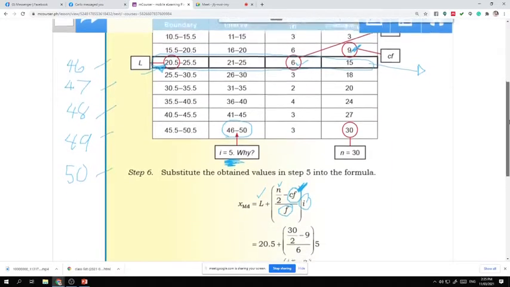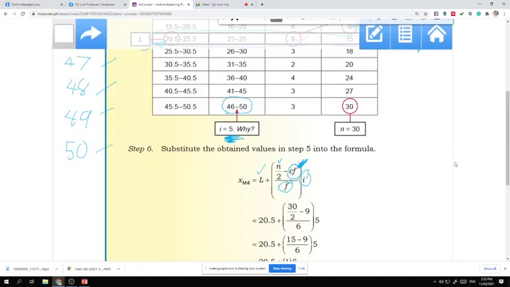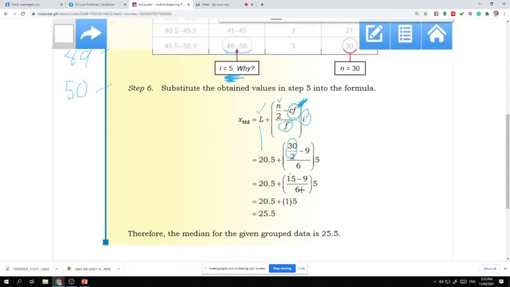Oh, you substitute everything in the formula. So you know for a fact that L is 20.5, N is 30, CF is 9, the frequency is 6, and the I is 5. You do division first, so it becomes 15. That's also 15. Then after which, you subtract, this is 6, divided by 6, that is 1.